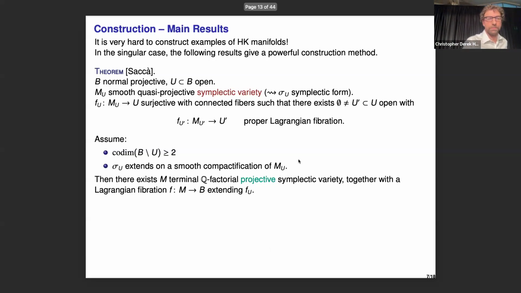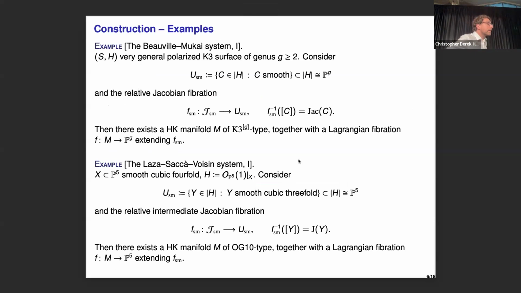Sure. So the example on the previous page, of the family of intermediate Jacobians, does that compactification to a smooth hyper-Kähler have a modular interpretation? We'll go to that. Thanks. That's a fantastic question, and this is the second section of the talk. Actually, it's not so trivial, but it is. The only thing is that you have to define what sheaves are, since sheaves on hyper-Kähler varieties are horrible.